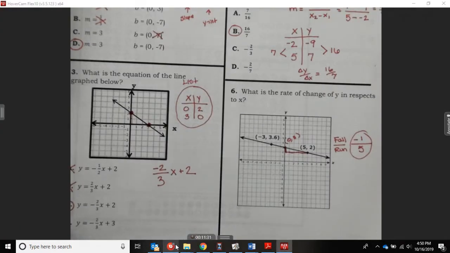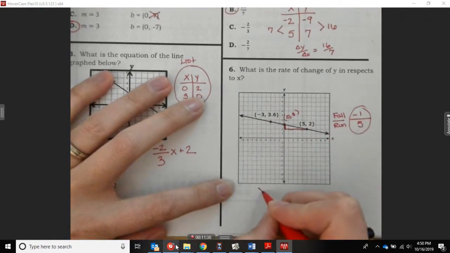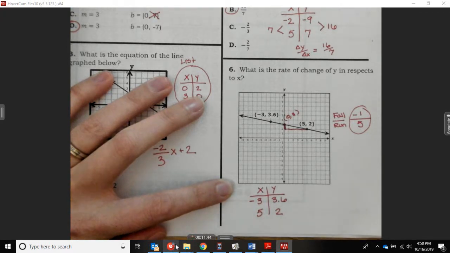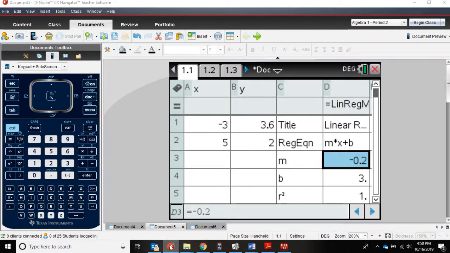Well, that's the numbers they gave me on the paper. So I would have made a table like this, -3, 3.6, 5, and 2. And I would have typed them into list and spreadsheet like I just showed you. And here it's telling you your slope is -0.2.